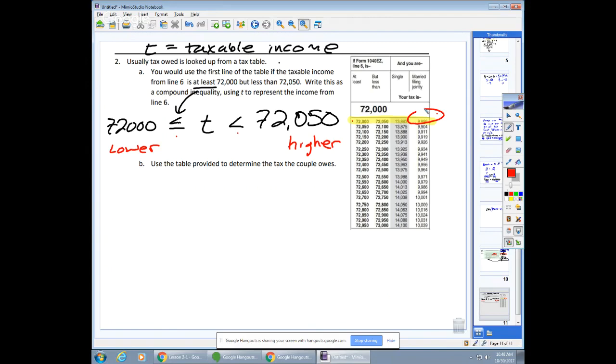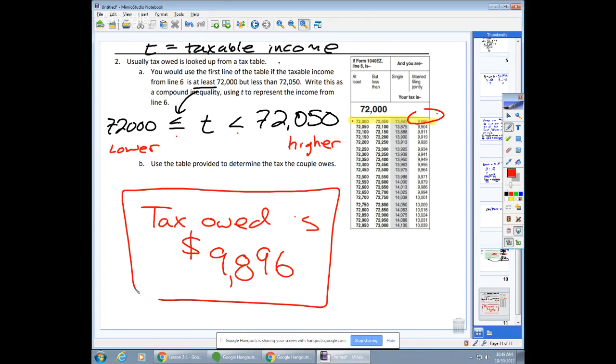So the tax owed is 9,800, and I wrote over it, is that a 96? Can't read it. 896. There are certain situations where it's beneficial to separate. Yeah, it's a strange tax system we have.